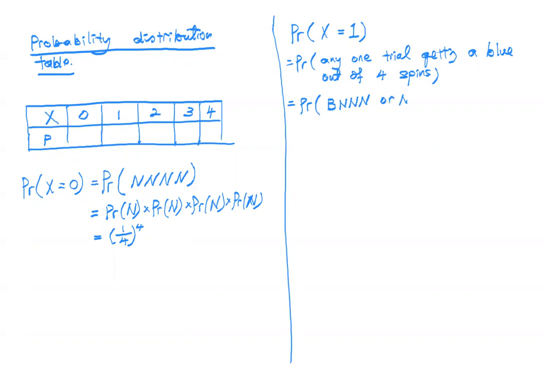First one, no. Second time, yes. Third time, no. Fourth time, no. Or first time, no. Second time, no. Third time, yes, is a blue. And fourth time, no. Or first time, no. Second time, no. Third time, no. Fourth time, yes.